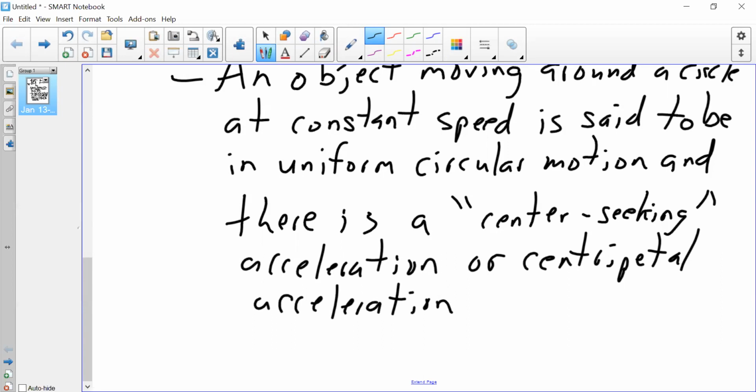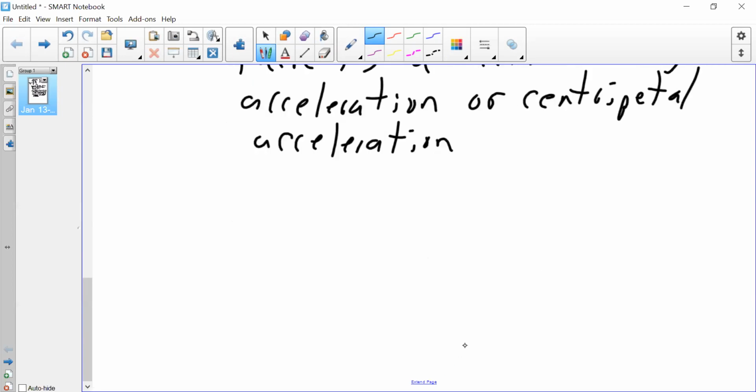And that acceleration is caused by some net force, because we know from first principles, from Newton's second law, that a net force is responsible for creating and causing a net acceleration in the system. Two masses moving with an acceleration is caused by some net force in that particular direction.